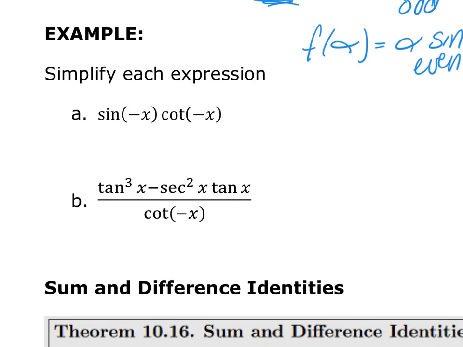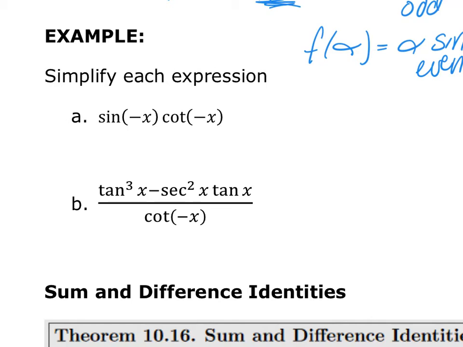So of course, now is the time to simplify these, knowing what you know about odd and even. On this first one, I know that the sine of negative x is equal to negative sine x. And I know the cotangent of negative x is equal to negative cotangent x. So I have double negatives, and this will become positive.